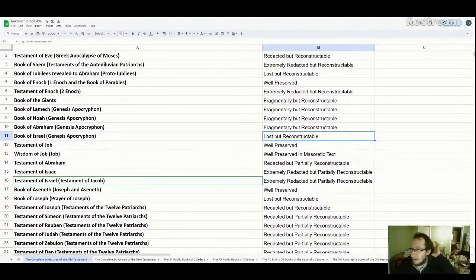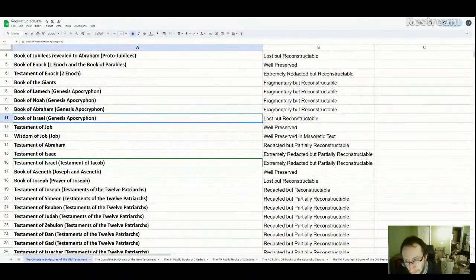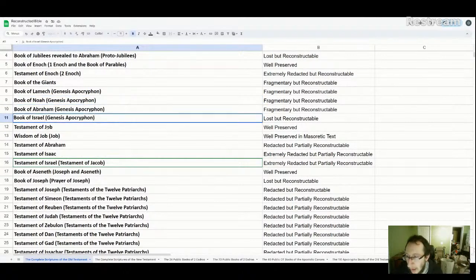And the Testaments of the 12 Patriarchs may possibly be used to help us reconstruct portions of this. But yeah, that one is going to be a little bit harder to reconstruct since we don't actually have any fragments of it like we do with Abraham and Noah. But still, overall, I believe we can reconstruct this very well.